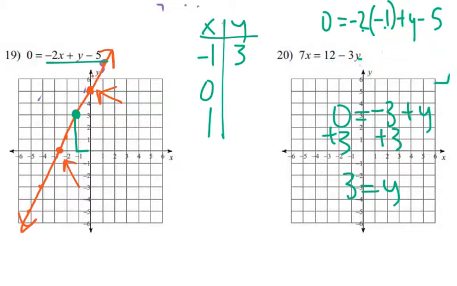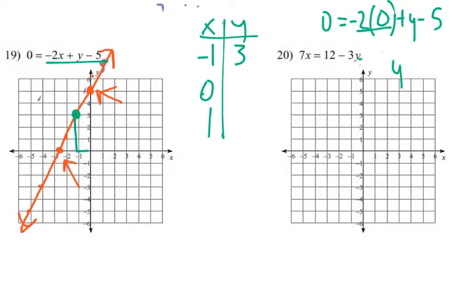Okay, same point, same line. Because when you do it that way, it doesn't matter which method you use, you're doing the same process, finding the same points. Then if we did 0, negative 2 times 0 is 0, y minus 5 equals 0, add 5, we have 5 equals y. There's our y-intercept.